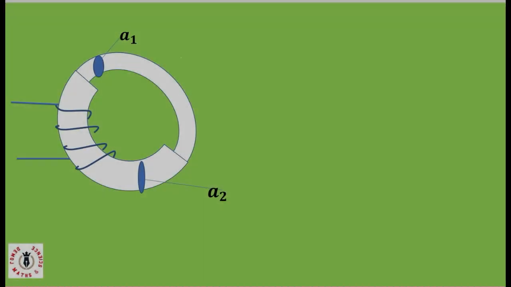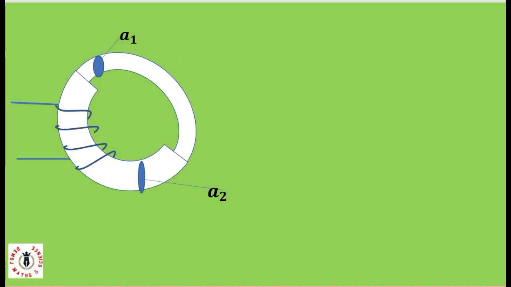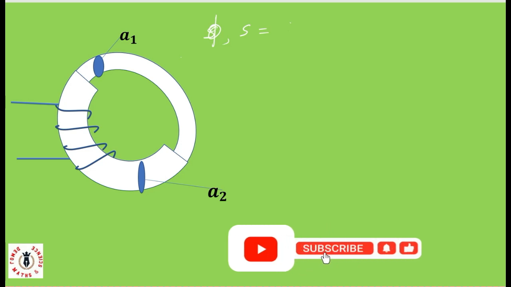For the series magnetic circuit, like I said initially, the flux phi around this magnetic circuit is unique, so it's the same. But the reluctance of this magnetic circuit, S, equals a combination of the reluctance of all the components of the magnetic circuit.